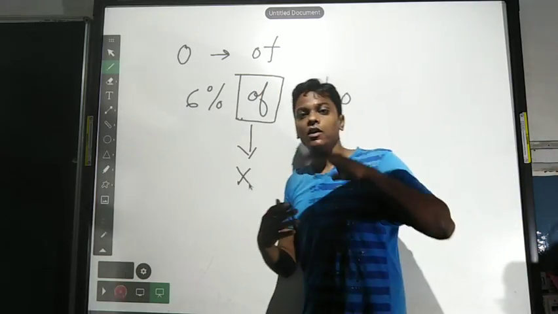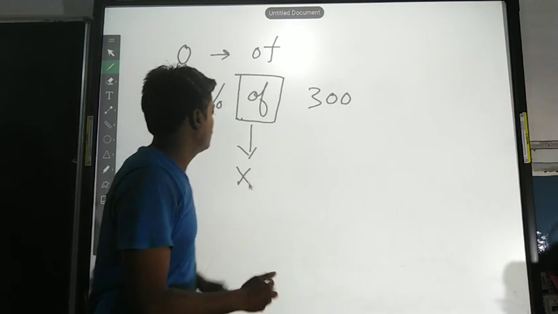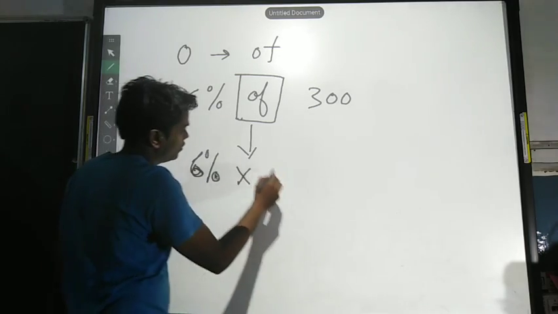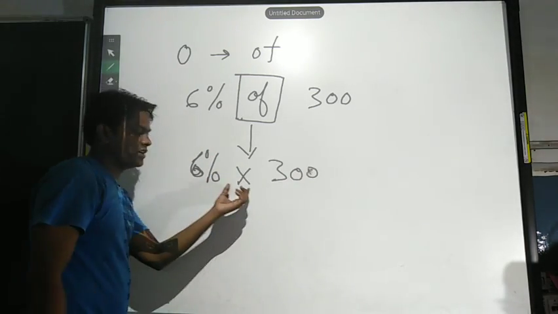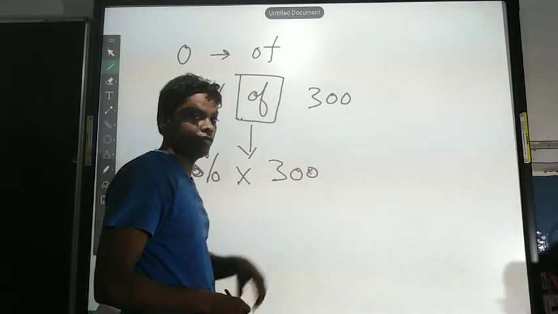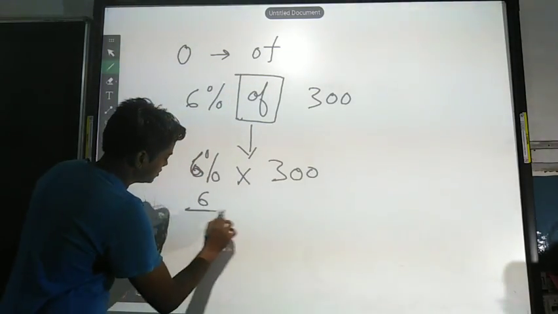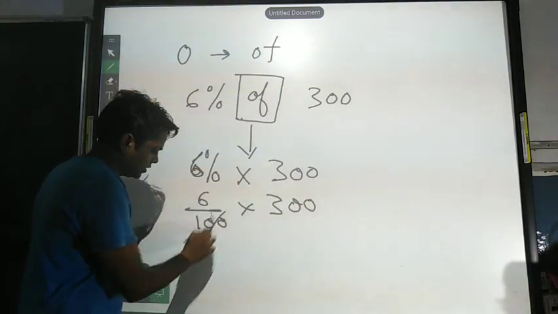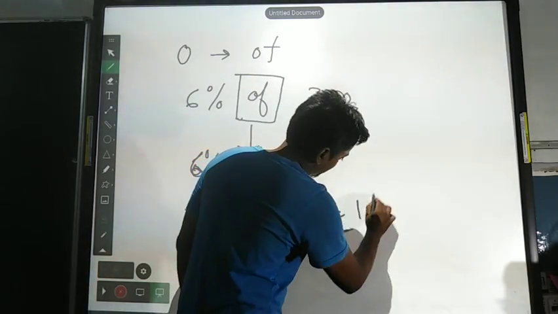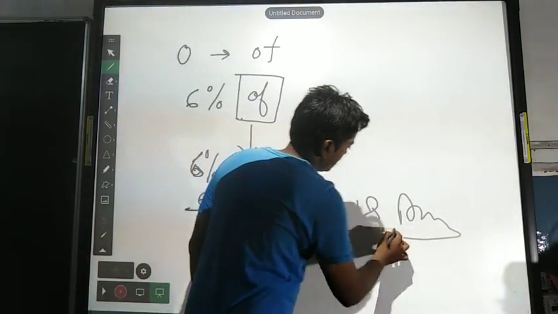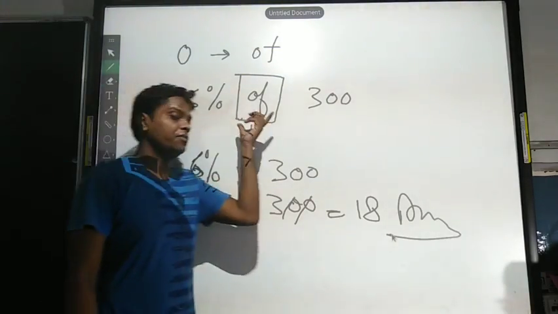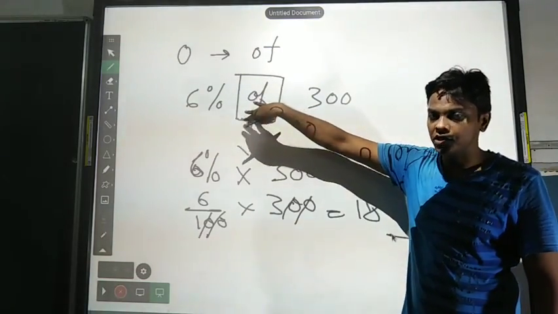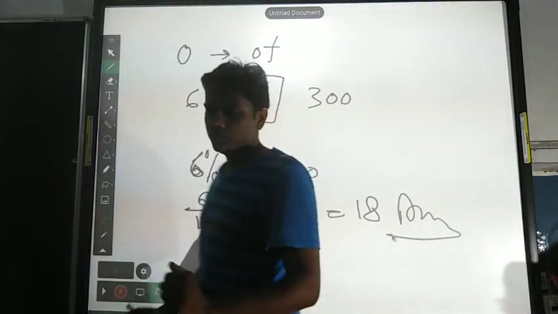So how can we calculate 6% of 300? Of stands for multiplication. We can represent this of with a multiplication sign. It will become 6 upon 100 multiplied by 300. So it will become 6 times 3, and your answer is 18. By this method we can represent of, and we can solve for the value of this particular mathematical function.